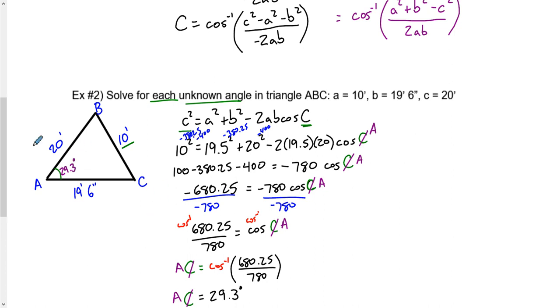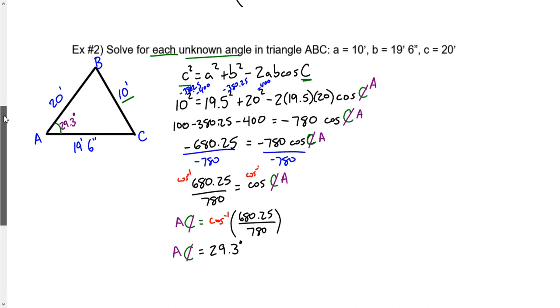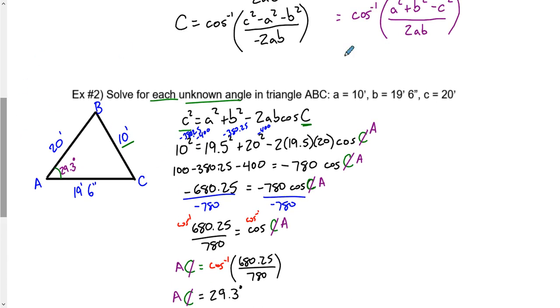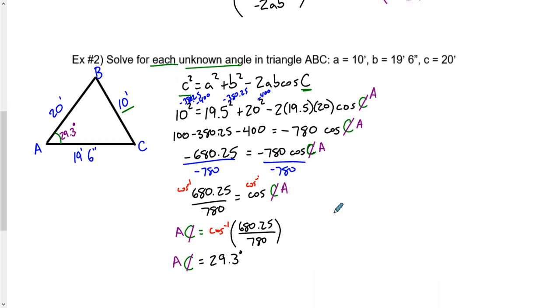You're going to have to do the exact same thing again. Now, if by chance we want to just use the formula for this, so C being our C squared subtracting A squared subtracting B squared over negative 2AB.